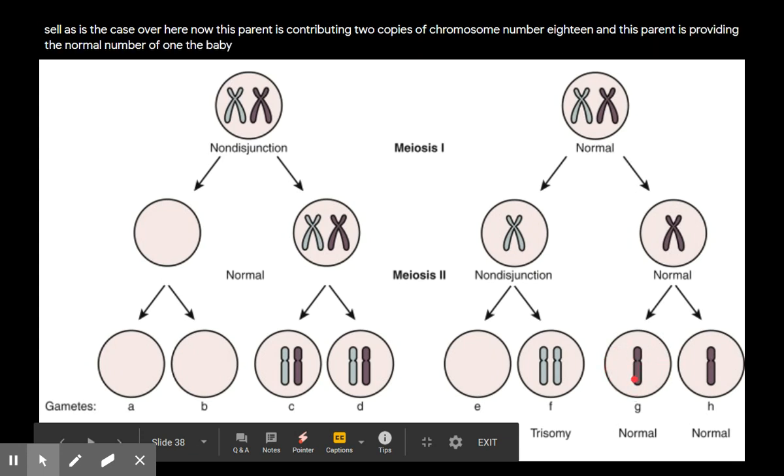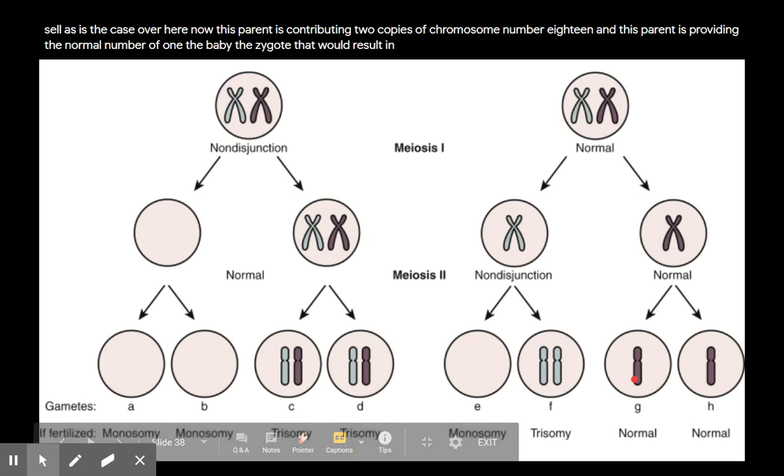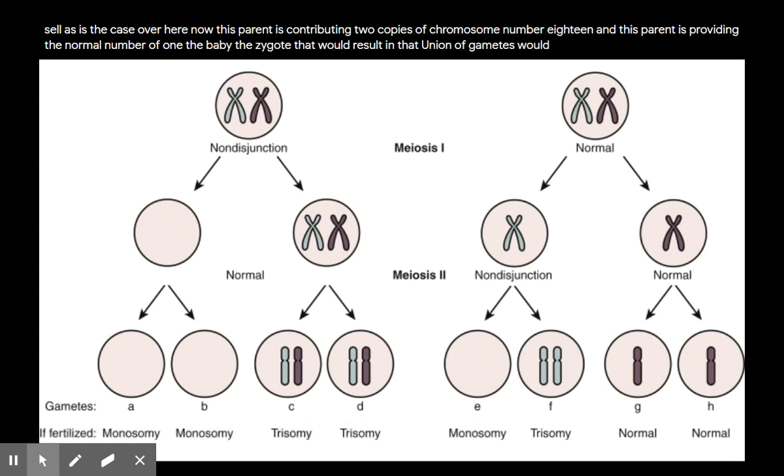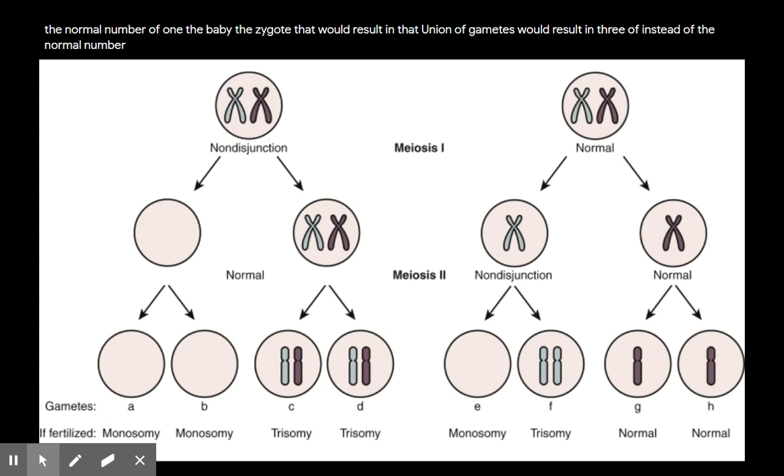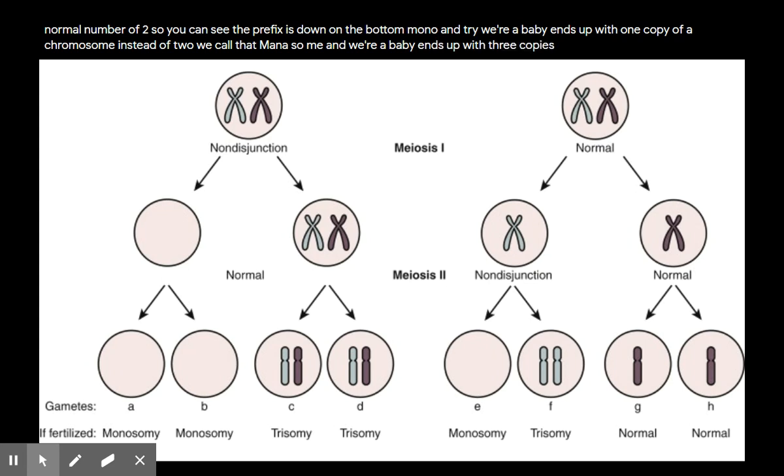The baby, the zygote that would result in that union of gametes, would result in 3 of chromosome number 18 in that baby instead of the normal number of 2. So you can see the prefixes down on the bottom, mono and tri. Where a baby ends up with 1 copy of a chromosome instead of 2, we call that monosomy. And where a baby ends up with 3 copies of a chromosome instead of 2, we call that trisomy.